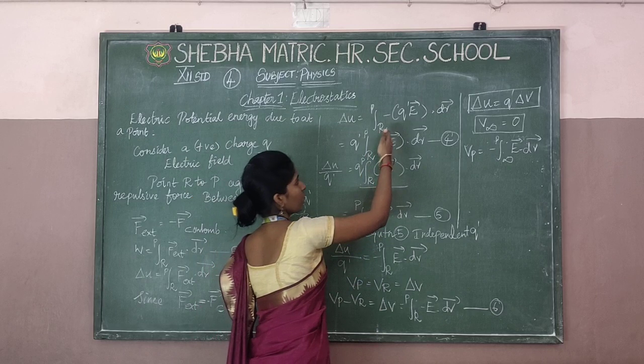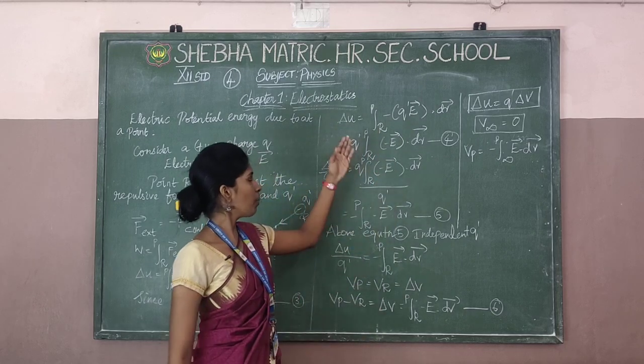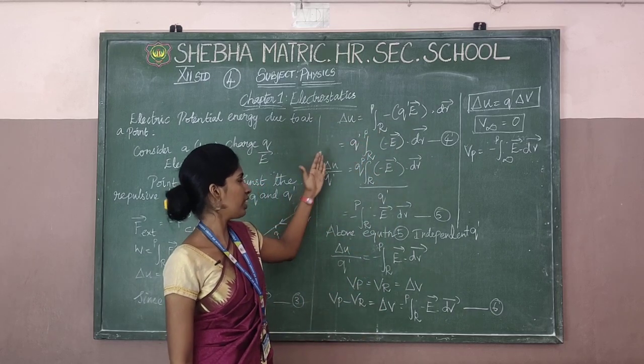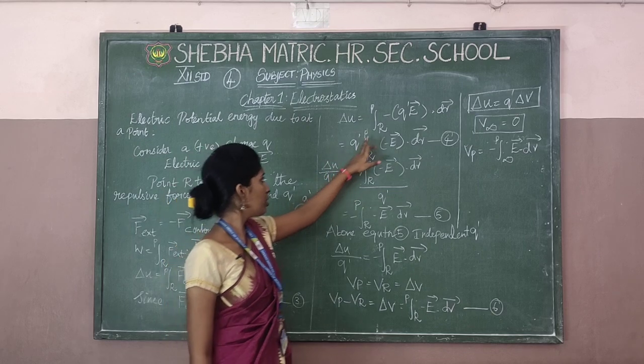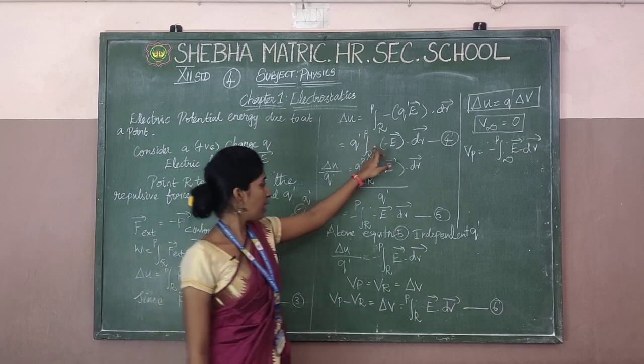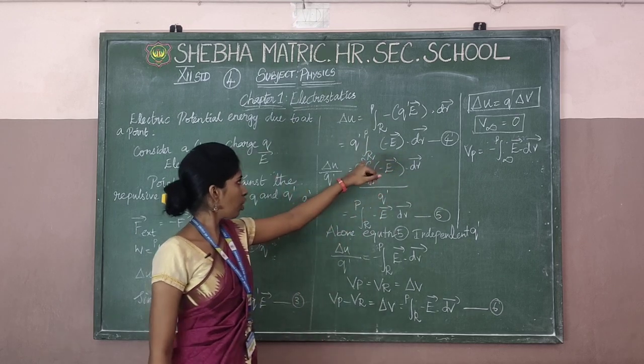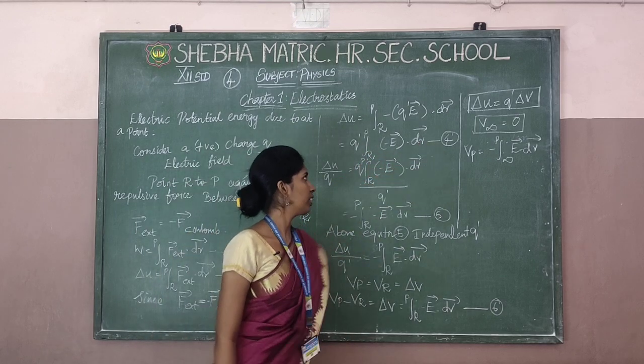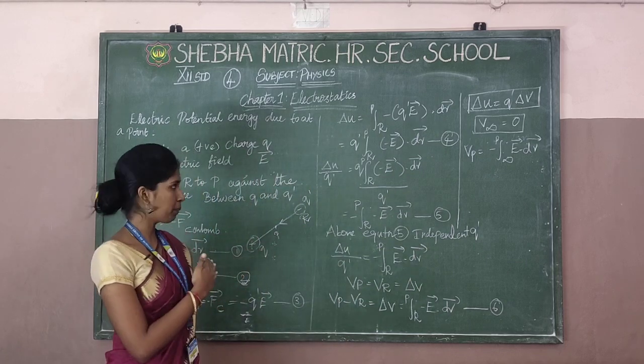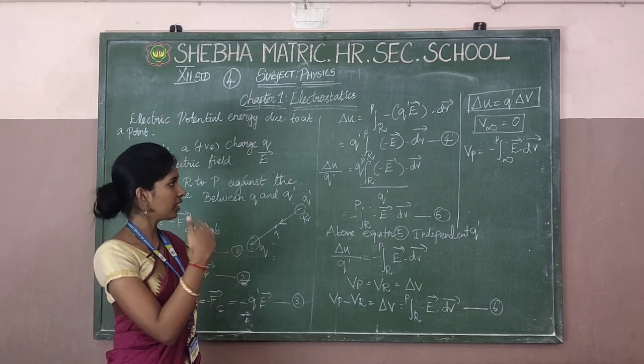Q is a negative charge, so Q dash alone comes out of the integral. The minus E vector dot dr vector we separate, the charge we separate, and the electric field we separate.